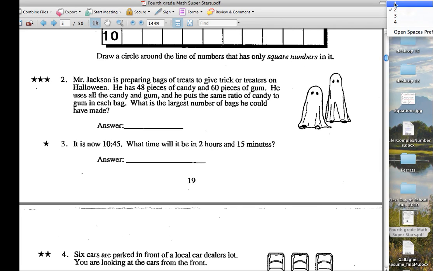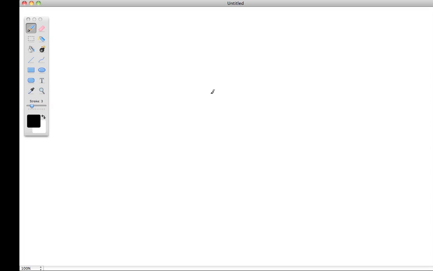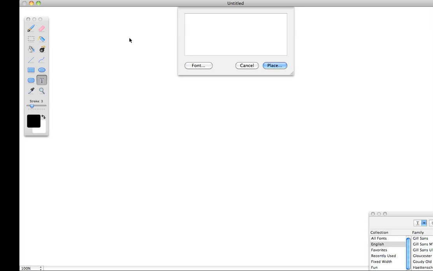Well, let's examine that problem just a little bit. Okay, so we have 48 pieces of candy and 60 pieces of gum. So let me write that right down here. I said it's not 68, it's 60 pieces of gum.